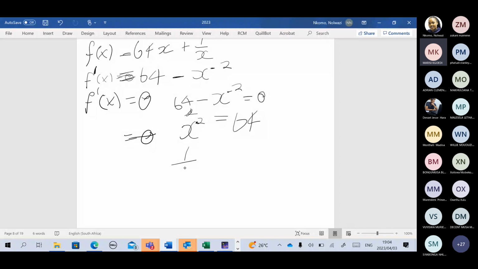I think x squared is going to be 1 over 64.